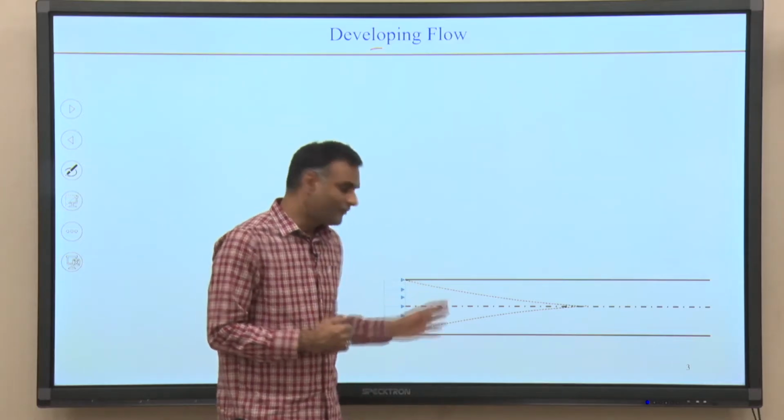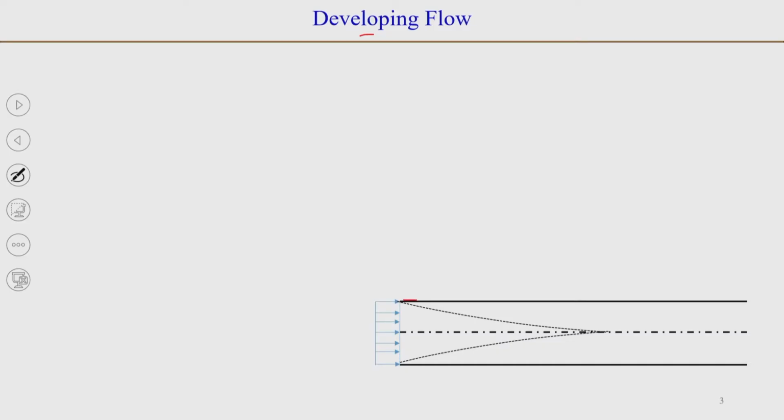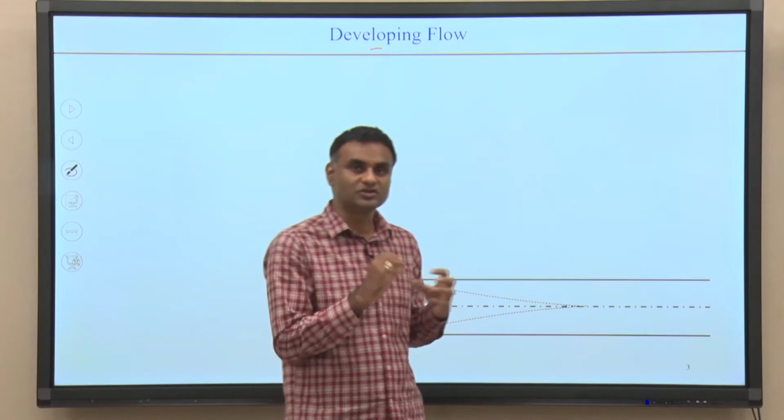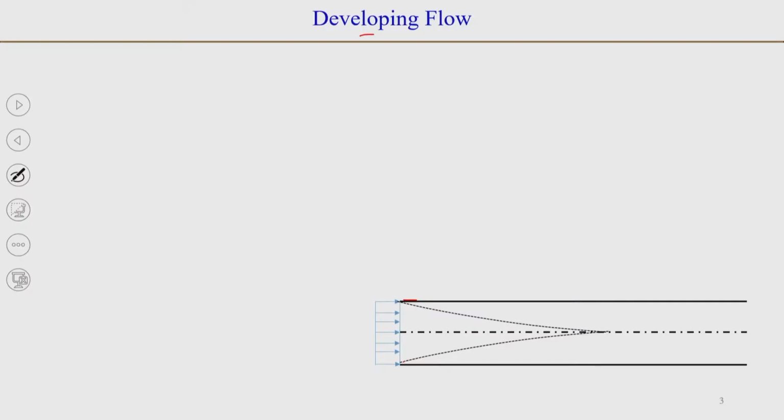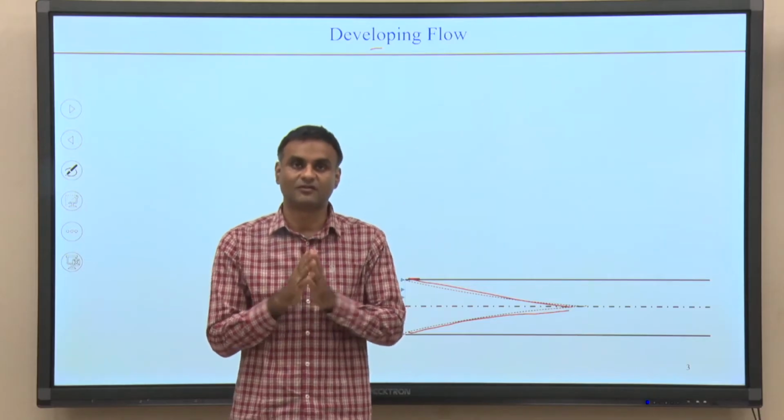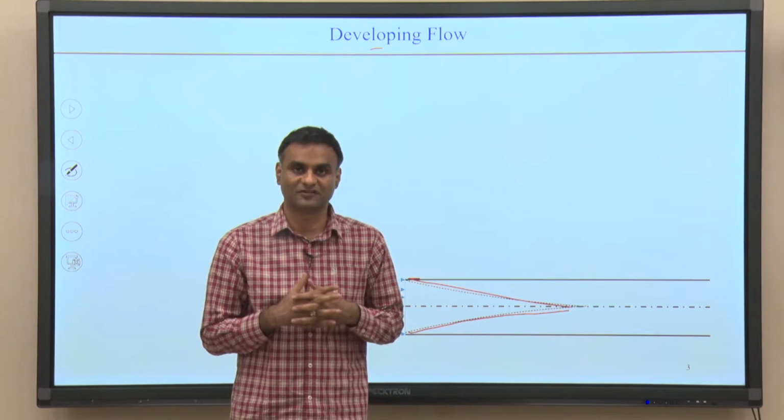Now, when the fluid encounters the wall, the velocity at the wall needs to be 0 because of the no-slip boundary condition, and boundary layers start developing on the wall of the pipe. These boundary layers will grow, as we have seen in the case of flow over a flat plate.